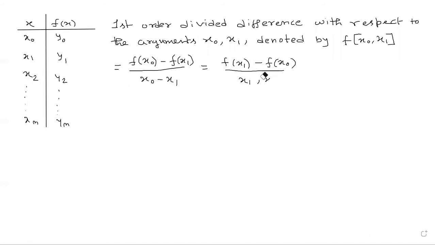So in that case, we'll write this as f[x1, x0]. The values are the same. So here we can see the divided differences are symmetric with respect to their arguments. So f[x0, x1] is the same as f[x1, x0]. This is how we define the first order divided difference with respect to x0, x1.